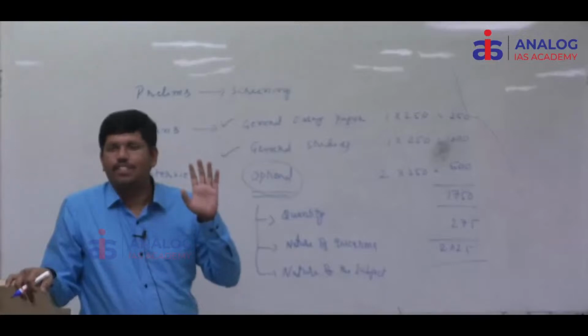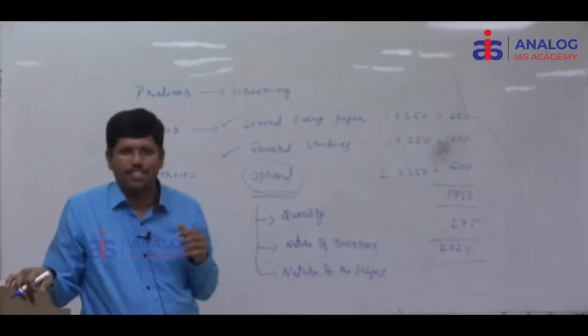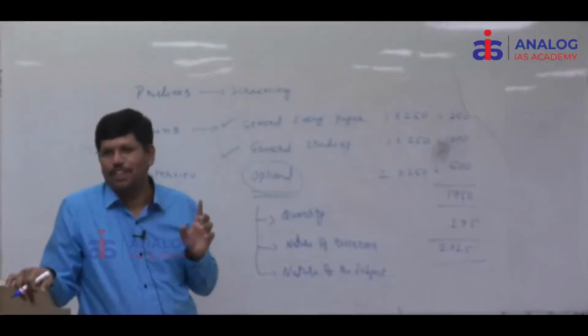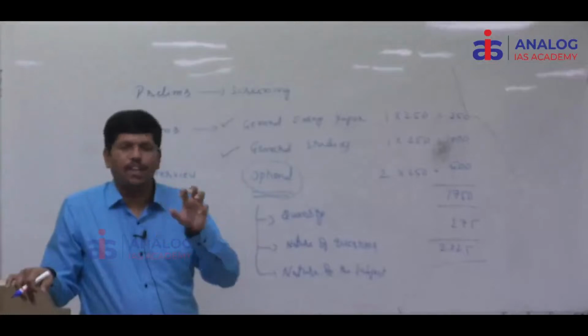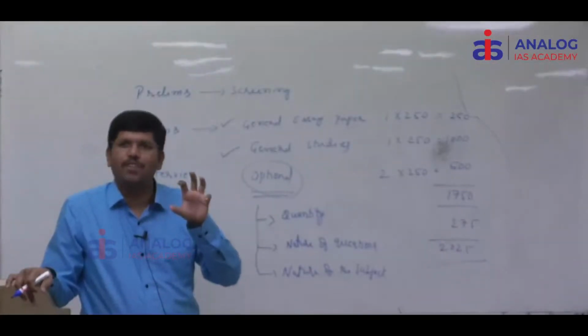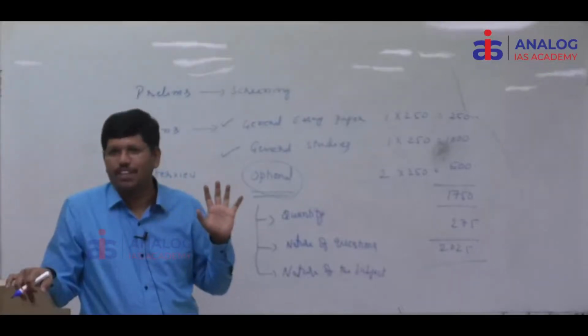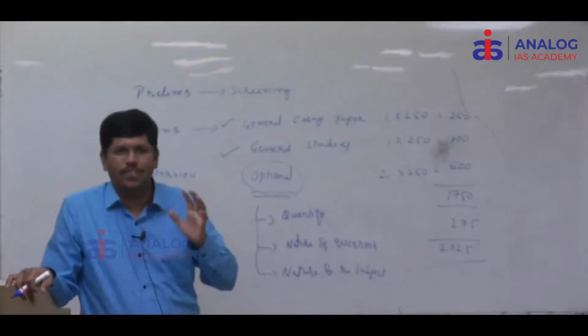In 2007, there was one person by name Adapa Karthik. He got All India first rank. He opted for zoology. If you take extremely rare optionals, you have to go with the flow. If you select rare optionals, the probability of success is also rare. If you select commonly opted optionals, the probability of success is also high.